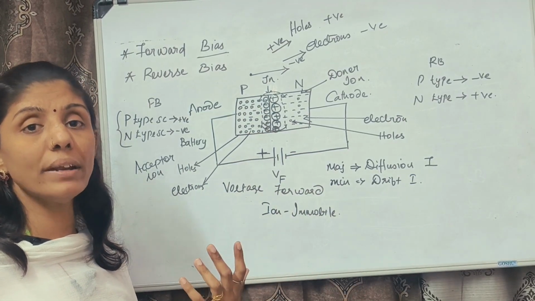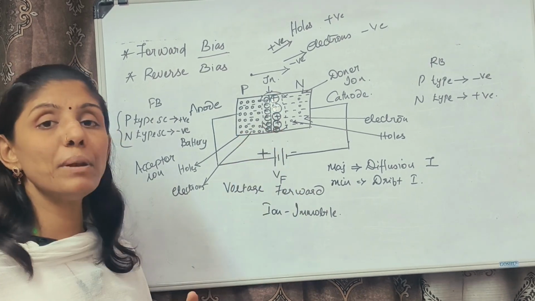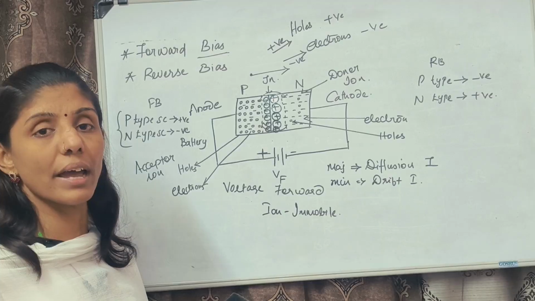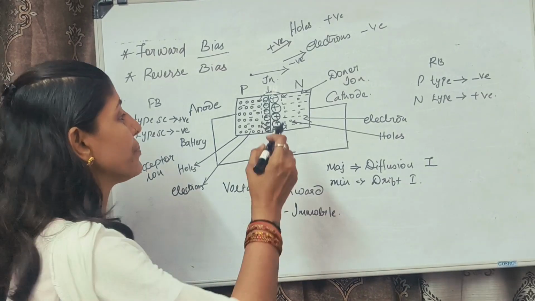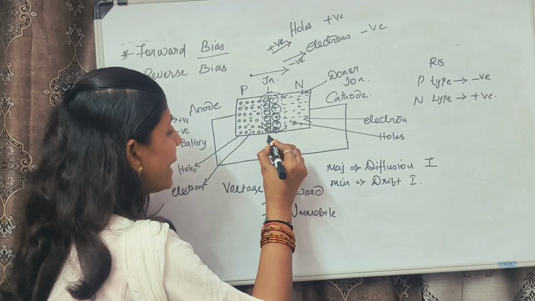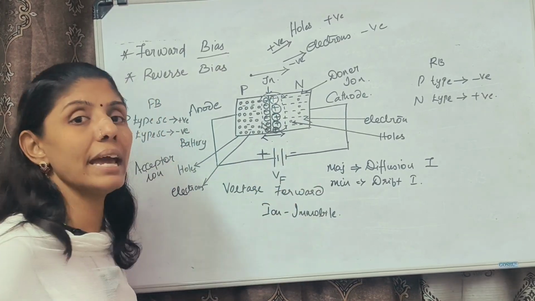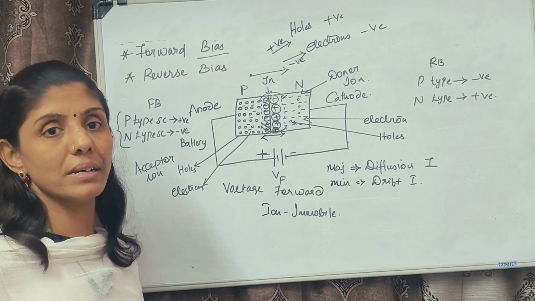The approaching one is a negatively charged electron, and the available one is a positively charged ion. Again, some recombination will happen. So that's why the depletion region width will be reduced in the forward bias.